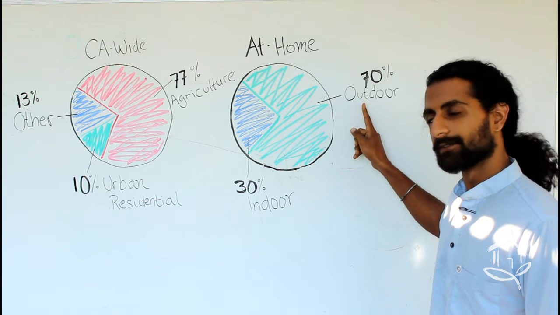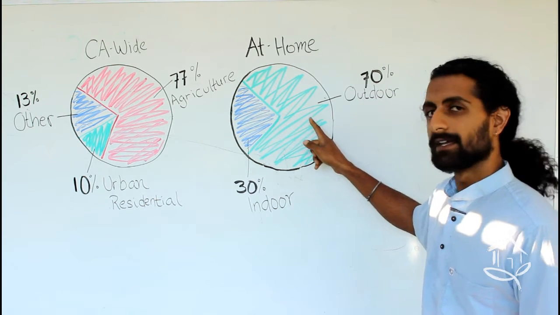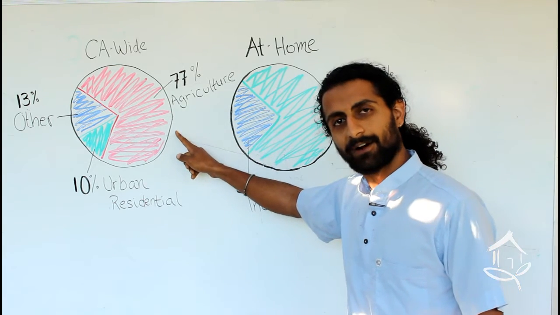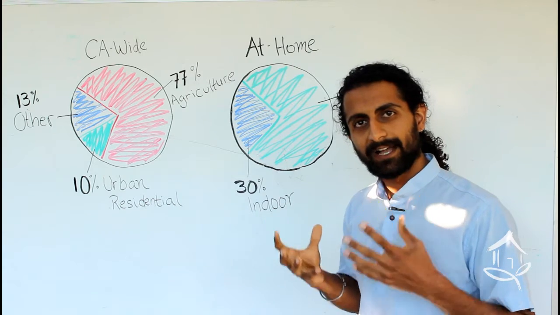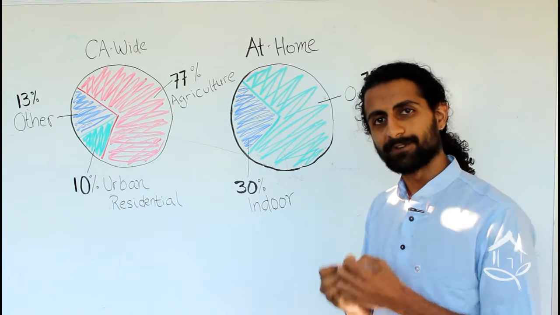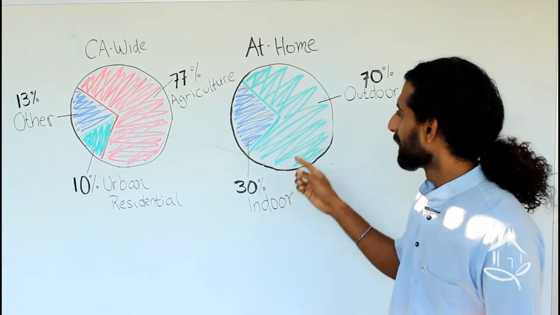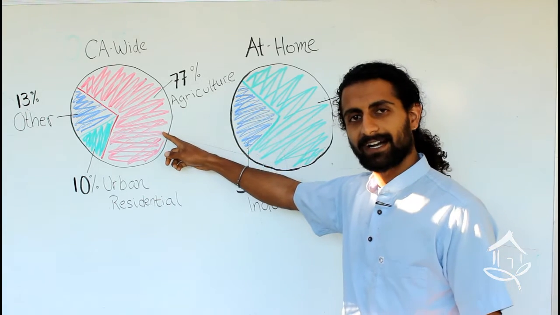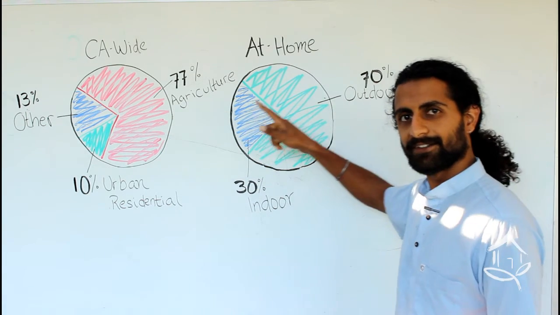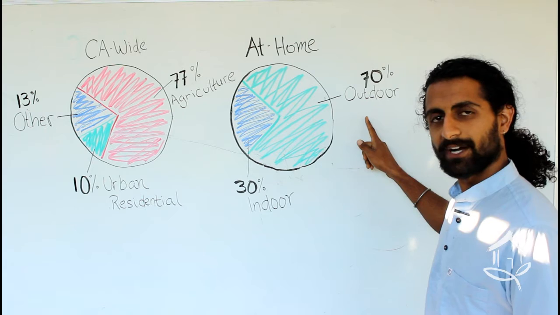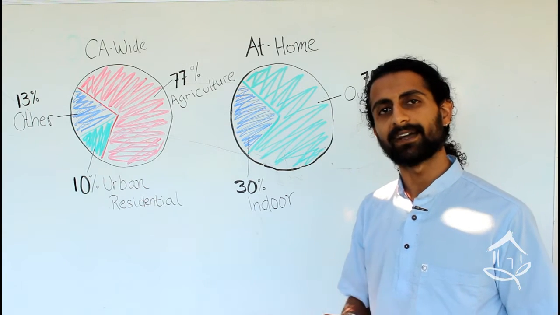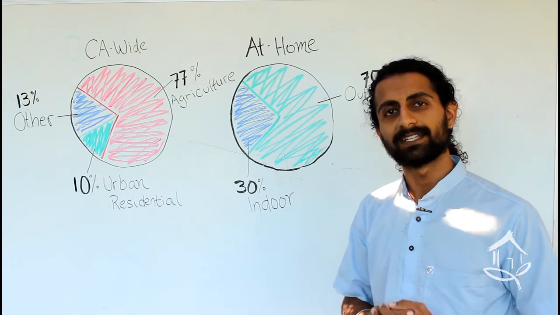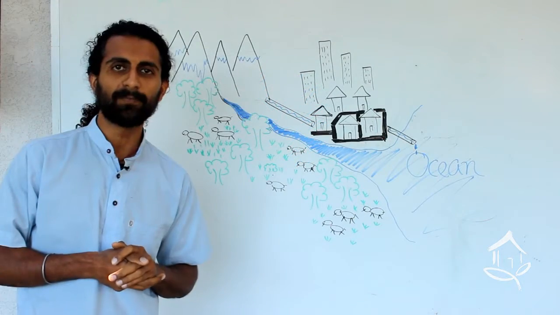So if we can convert our grass into organic gardens, where we build soil, where we create healthy food, where we harvest rainwater, then we can take a chunk out of this piece, and we can take a chunk out of this piece and have a really significant impact on water use in the state.